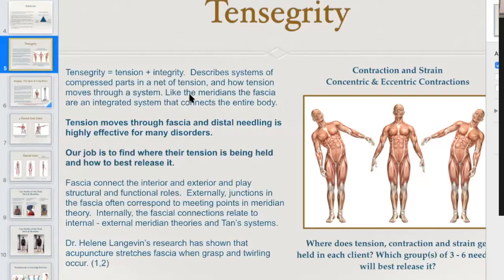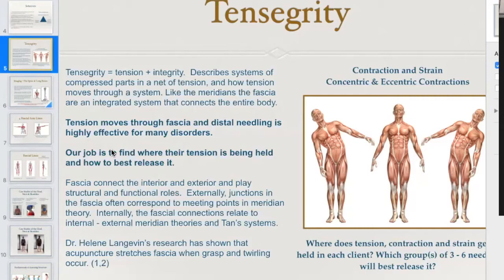I'll use TCM and Zongfu pattern identification to help with that, and I'll use the 6 systems, the myofascial lines, and structural assessment. When I integrate those things together, I can find those 3 to 6 points that are going to release the tension from the whole system. And if you really understand tensegrity, then that's what you'll be able to do.